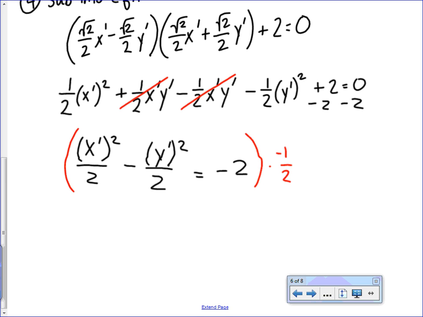When I distribute that negative 1/2 through my whole equation, it'll make my very first term, x prime squared, negative, and now it'll be negative x prime squared over 4 plus y prime squared over 4 equals positive 1.